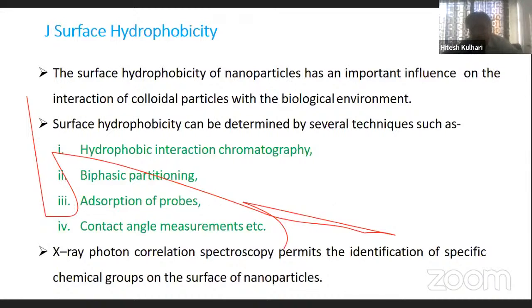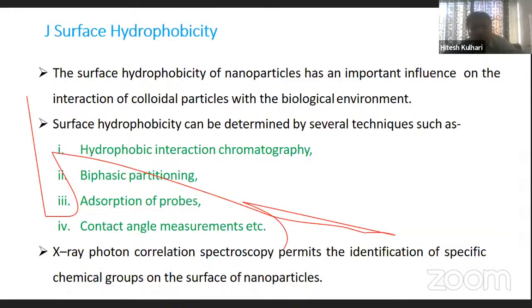Next is surface hydrophobicity. Surface hydrophobicity is another important parameter because these properties are needed for the materials which we utilize for making super hydrophobic surfaces. Like how a stent is put into a heart patient.